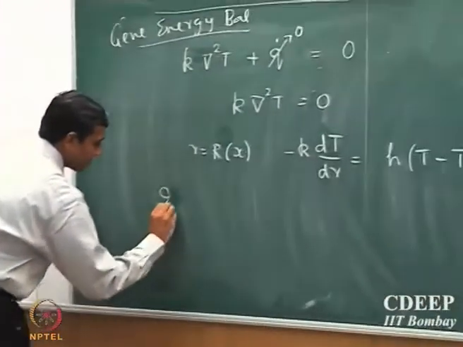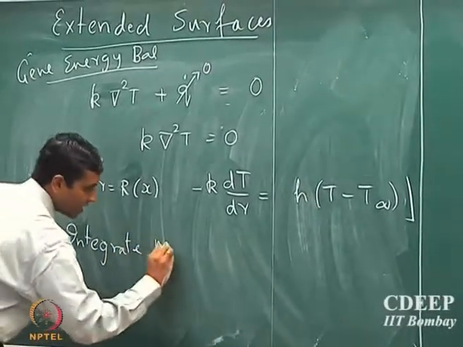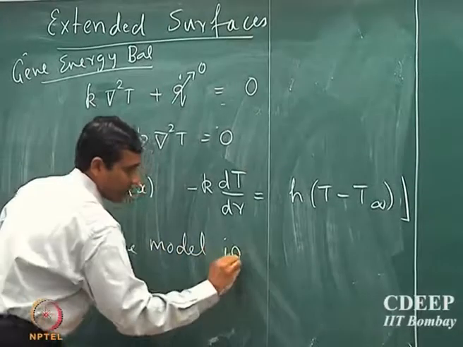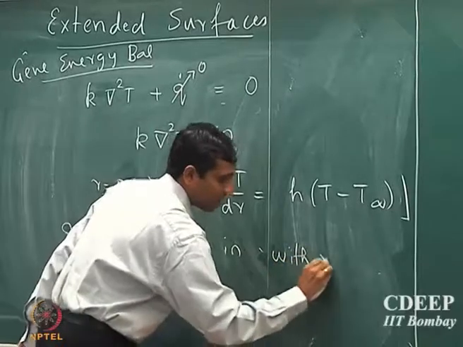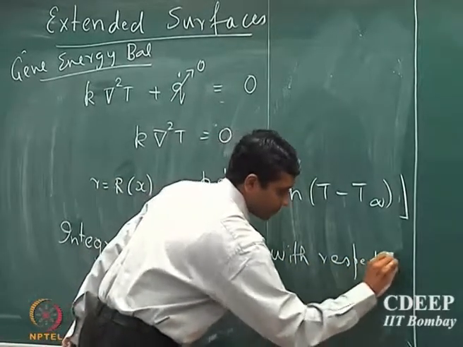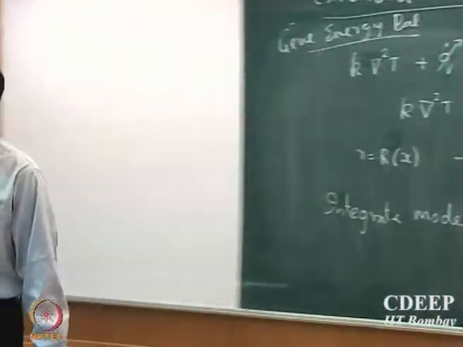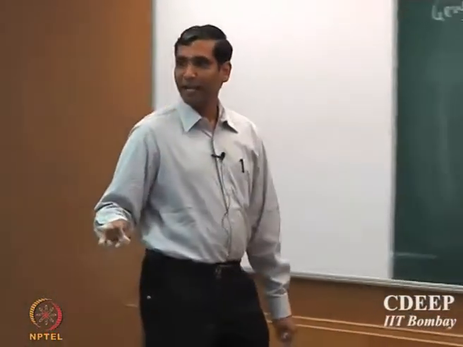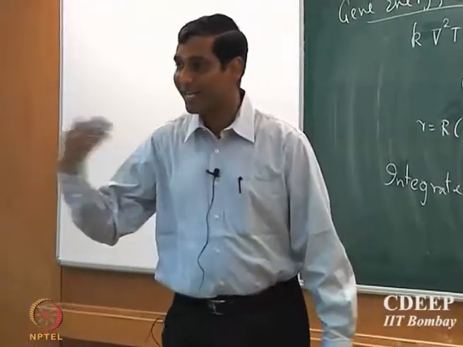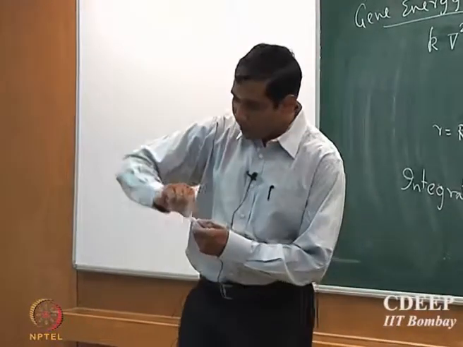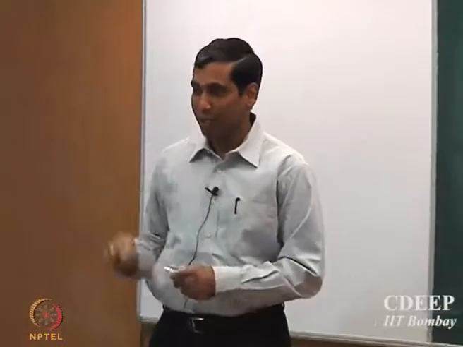So you integrate the model equation with respect to R. Keep in mind that you have to use the correct weights, okay? Note that you are now dealing with radial coordinates, so when you integrate, you will have to account for the change in the cross sectional area.